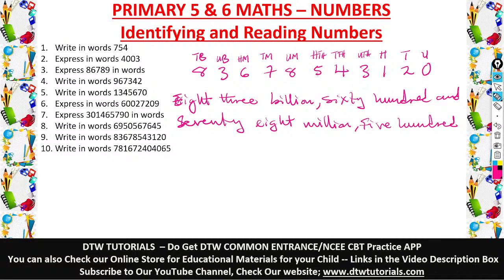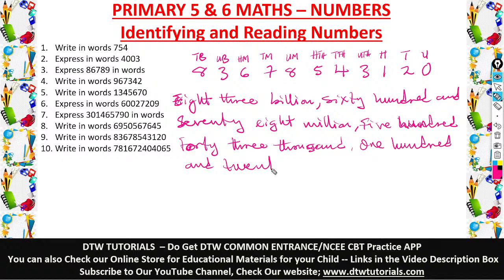So 543,000. Sorry, it's so hard to write with this pen. Please forgive my handwriting. Okay, 500. I hope you know how to spell 100 well. 543,000, comma, 120. You see that? And 120.